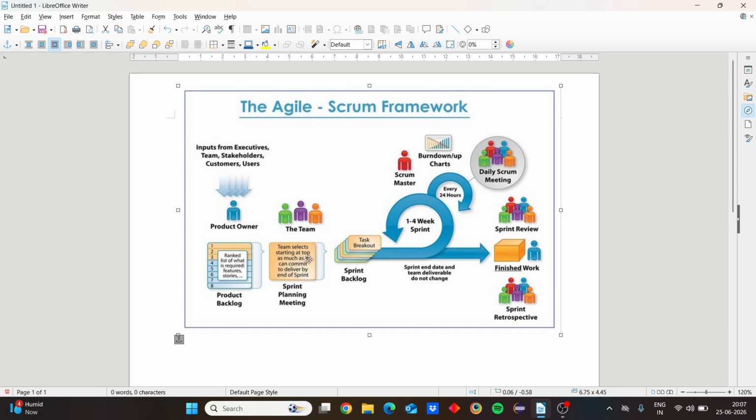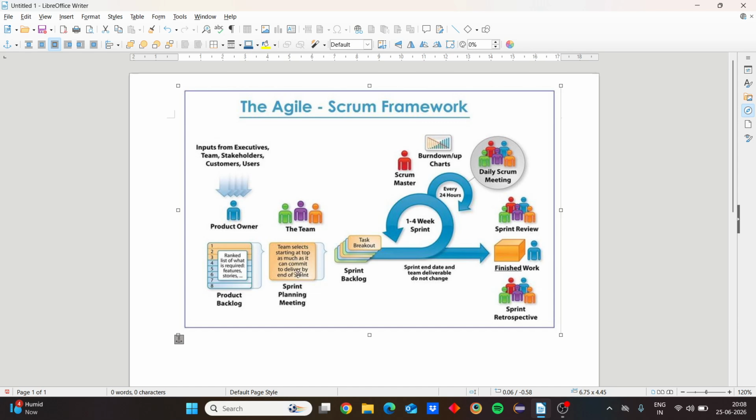Then let's go to the sprint planning meeting. The sprint planning meeting is conducted with the people involved in a project: the project owner, development team, and testing team.